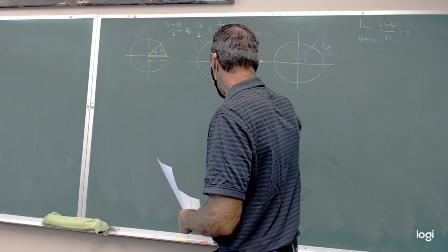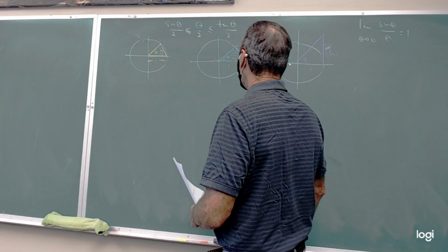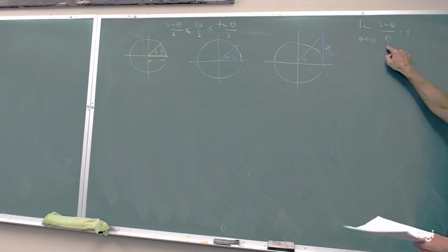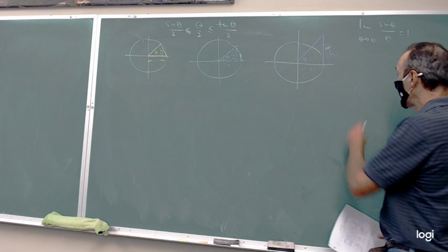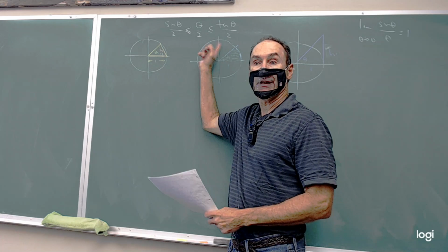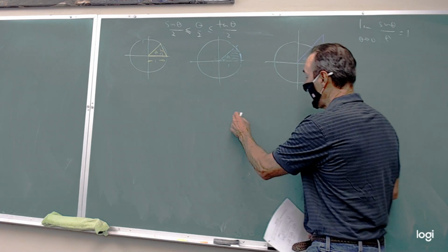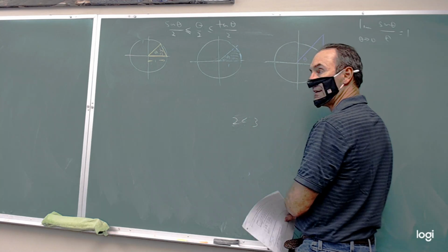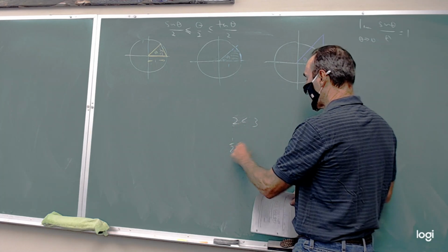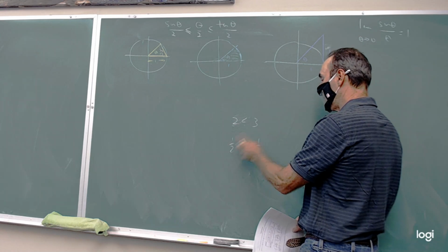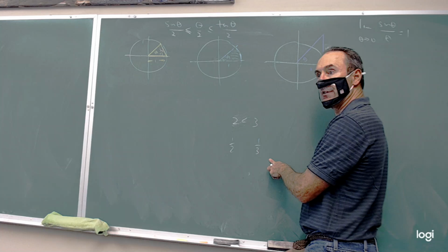So first, I want the theta not in the numerator, but in the denominator. So here's the deal. What I want to do is take the reciprocal of each of those things. But my claim is that if we have an inequality, when we take the reciprocal of both sides, we know that 2 is smaller than 3, but how does a half compare to 1/3?